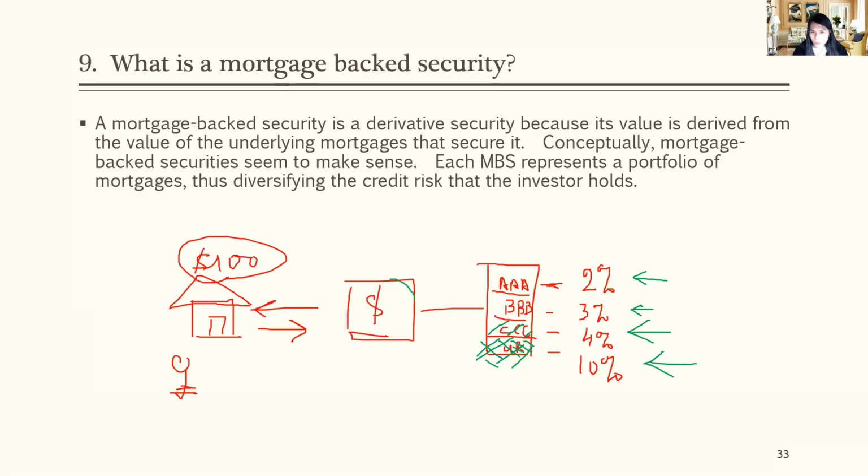From a bank's point of view, this mortgage-backed security process is beneficial for them because they get to earn a fee income on issuing the securities, right? And at the same time, they get the money back to further lend to other people. So they get the liquidity, right?